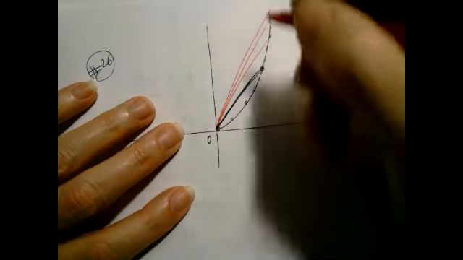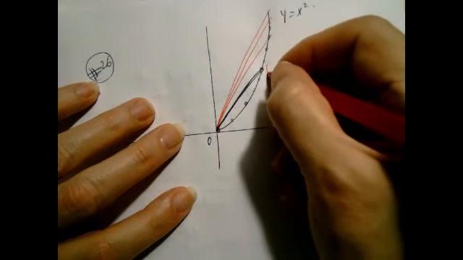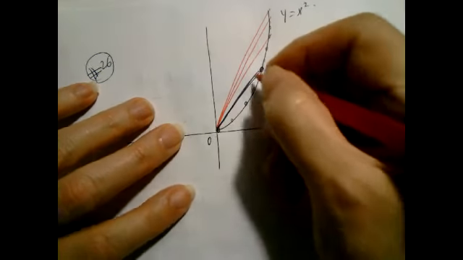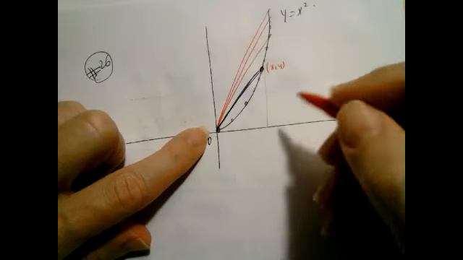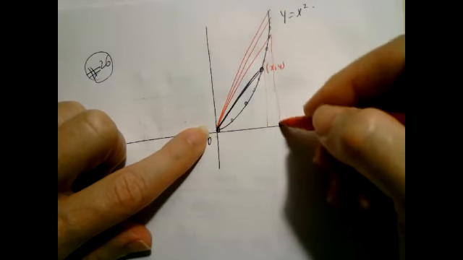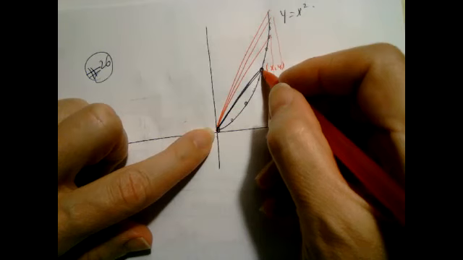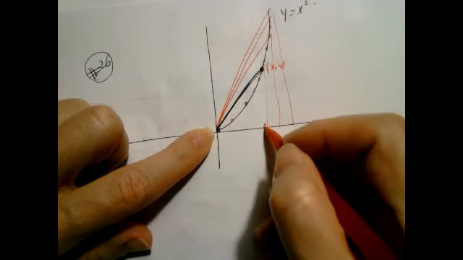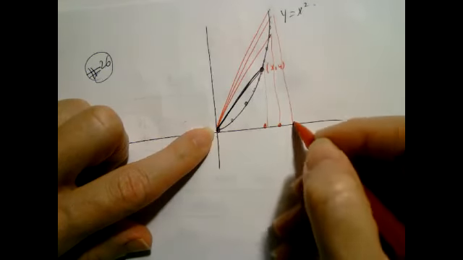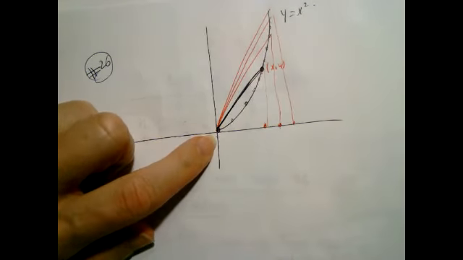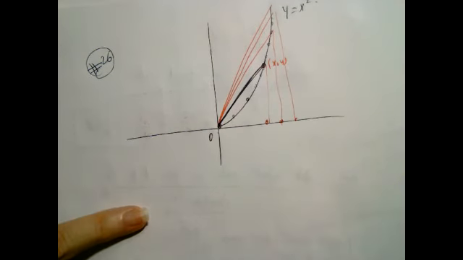As the bug moves, the x-coordinate is also changing. So every time this bug moves, the distance changes, the x-coordinate changes, the y-coordinate changes. Everything is really changing with time.